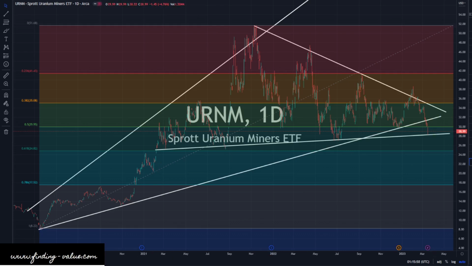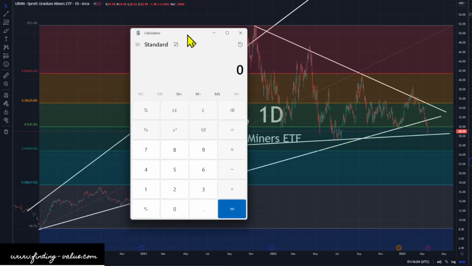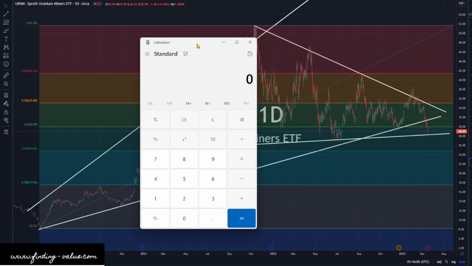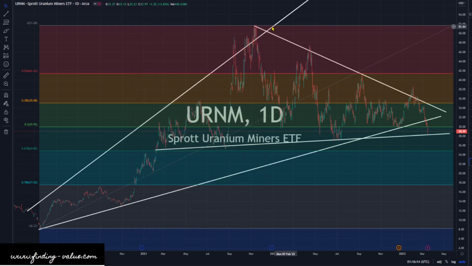I know that seems like a lot, but let me pull out the calculator. I know I do this sometimes. If we pull out the calculator, 29 minus 25 divided by 29, that's a 13.8% pullback. We've already pulled back from its high slightly under 50%.